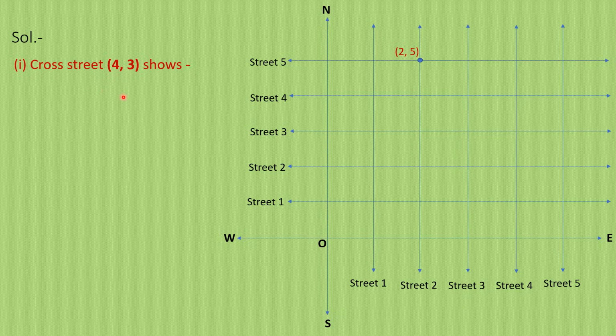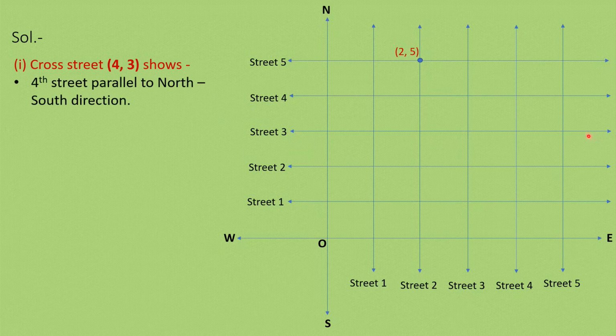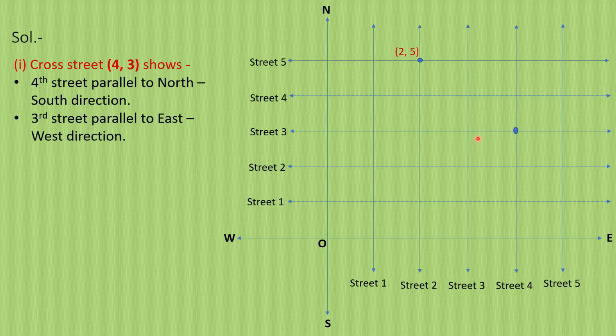Now we have to find the cross street which is 4, 3 and see how many cross streets there are. First, 4 means street number 4, which is parallel to north-south. So the 4th street will be this street. The second number 3 shows the third street parallel to east-west. So the point of intersection will be this point.